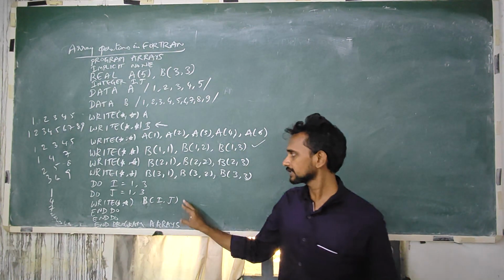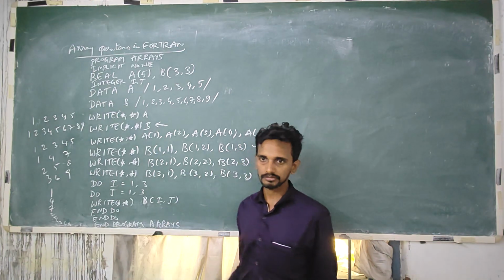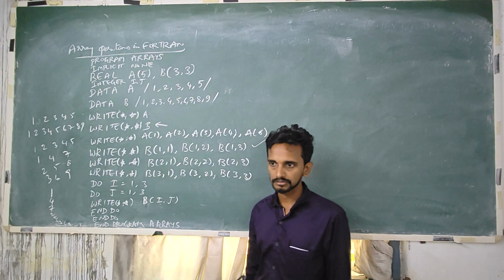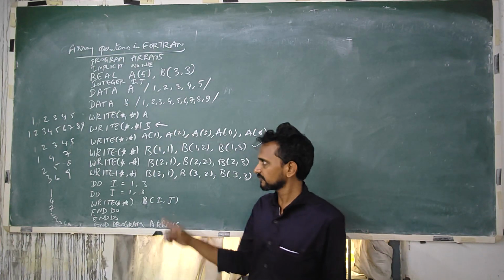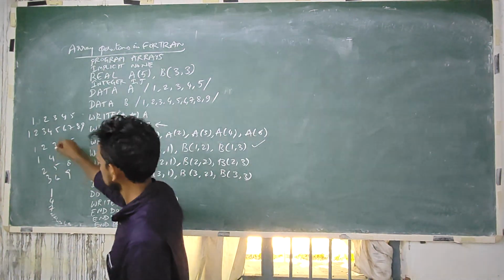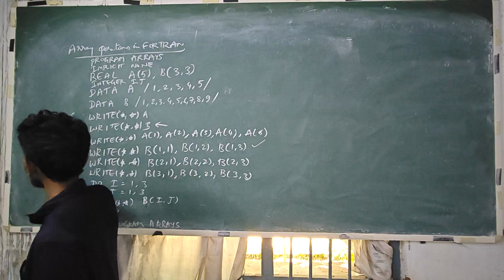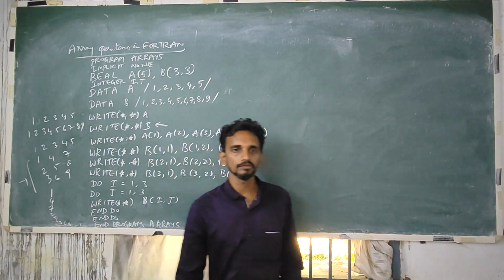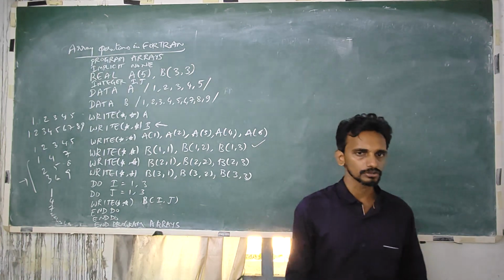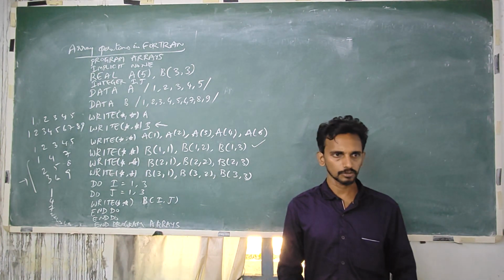So here I am able to write only one element in a row. But for matrix representation, I want this kind of presentation. I want to write all the 3 elements in a single row using a do loop. Is it possible?